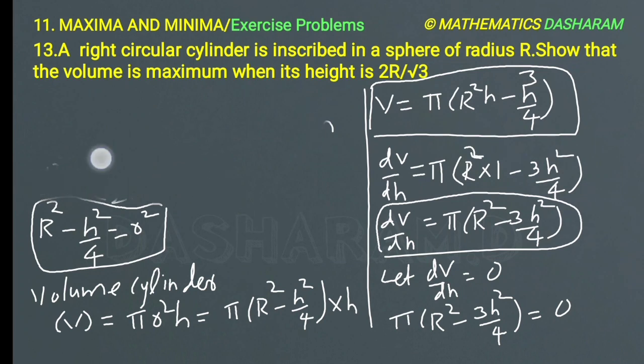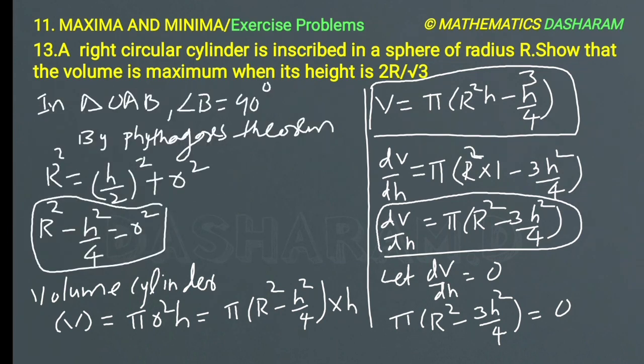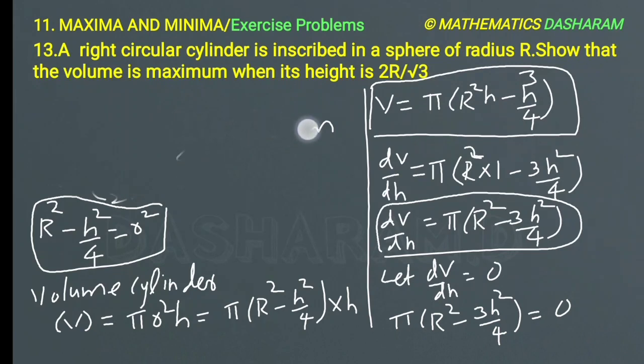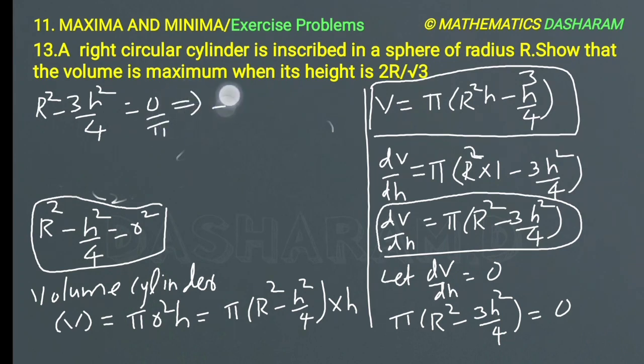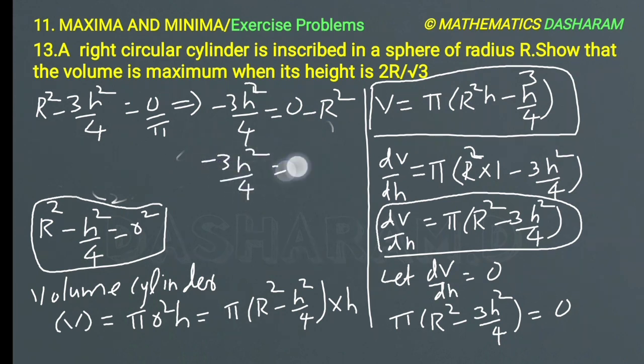Then pi into (capital R square minus 3h square divided by 4) equals 0, so R square minus 3h square by 4 equals 0 by pi, which is 0. Capital R square transposes to the right side, so minus 3h square divided by 4 equals minus capital R square, minus minus cancel.